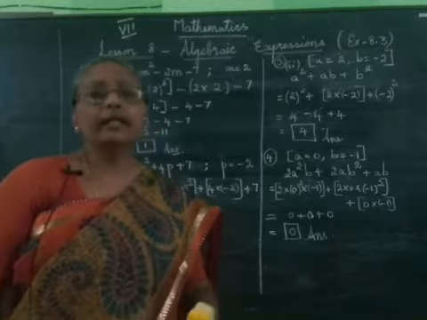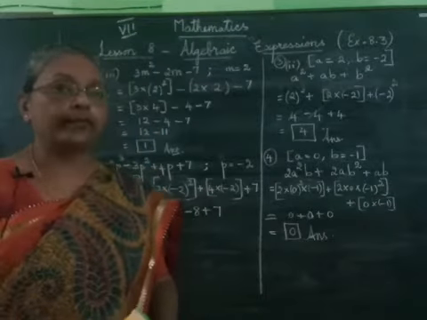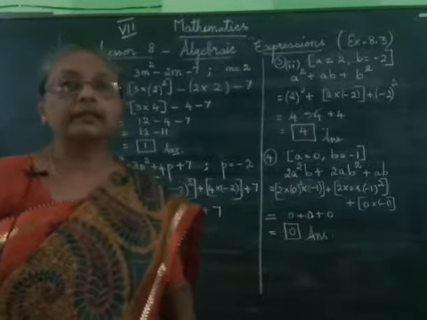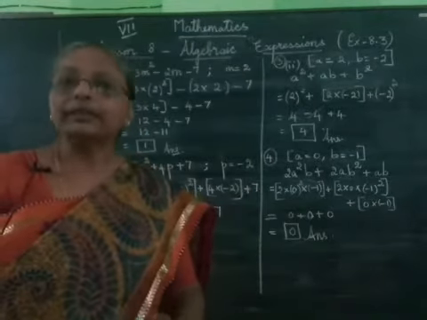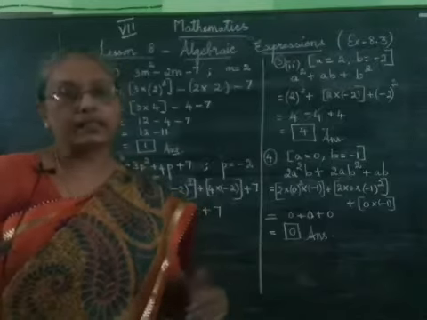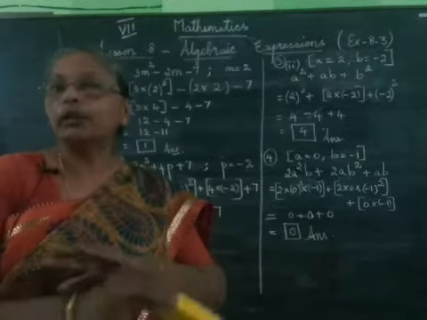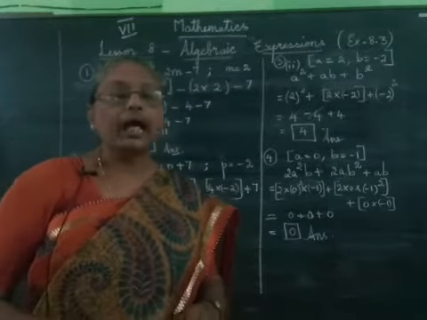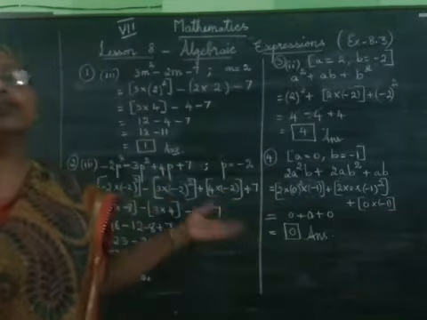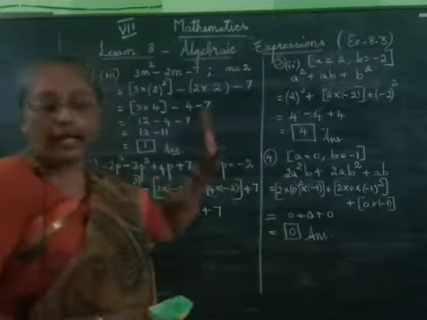That is, when the value of one or two variables of an expression is given, we substitute that value in the expression and find the value of the whole expression. This is called substitution, and by this method we will find the value of a full expression.